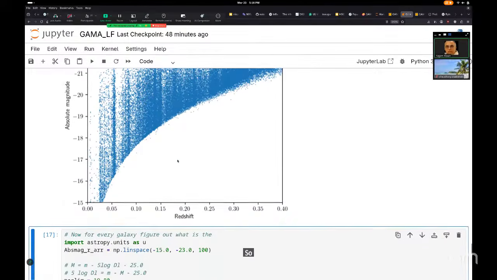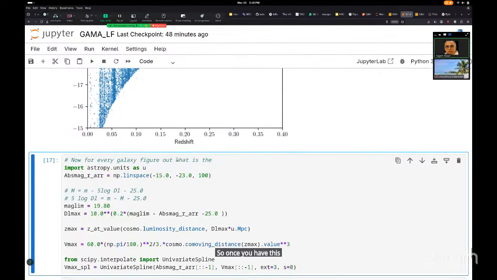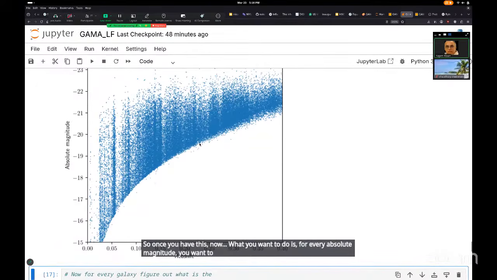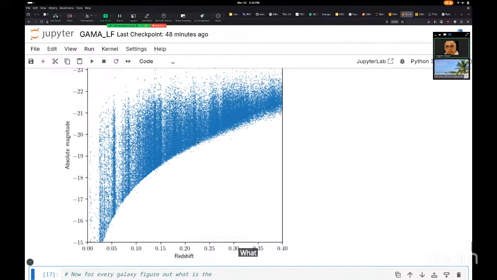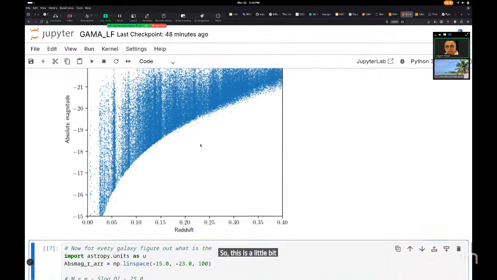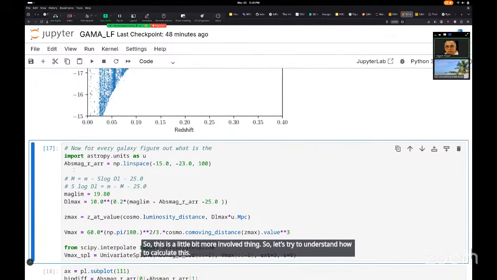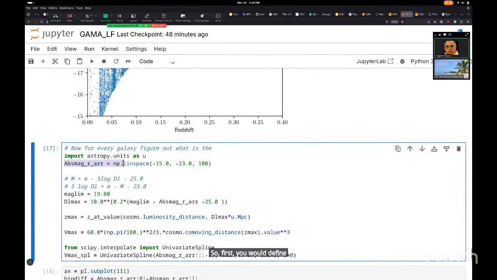So once you have this, what you want to do is, for every absolute magnitude, compute the Vmax. What is the maximum volume up to which you can see a galaxy? Now this is a little bit more involved, so let's try to understand how to calculate this. First you define an array over which you will measure the luminosity function.